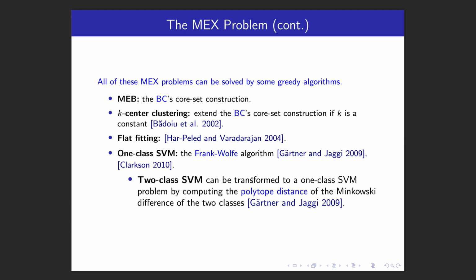And for flat fitting and one-class SVM, there are also the corresponding greedy algorithms. And for two-class SVM, actually we can transform it to be a one-class SVM problem by computing the polytope distance of the Minkowski difference of the two classes.